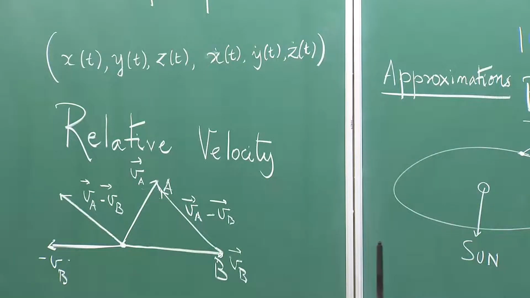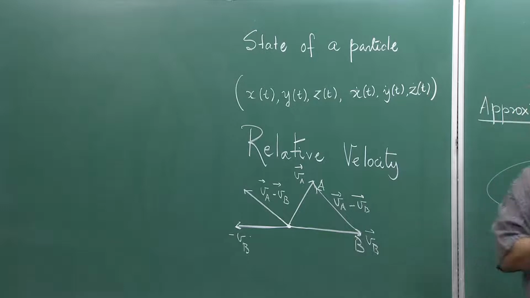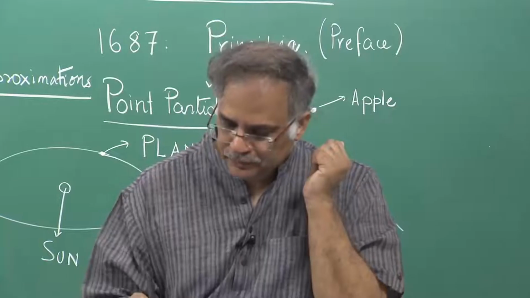So what is relative velocity? Again, relative velocity is the time derivative of the relative position. That's it, as simple as that. What is the velocity of the ship A when my origin is now thought to be B and not O? That is the whole idea.